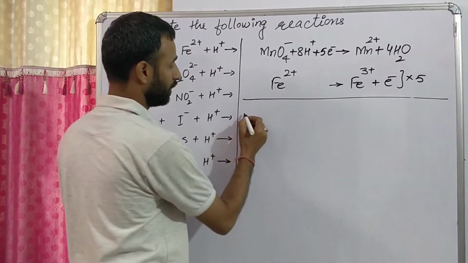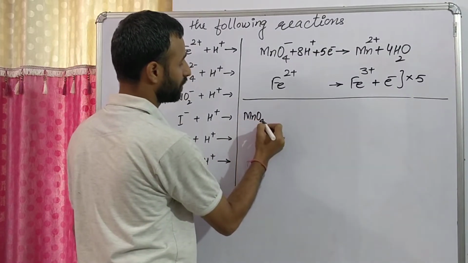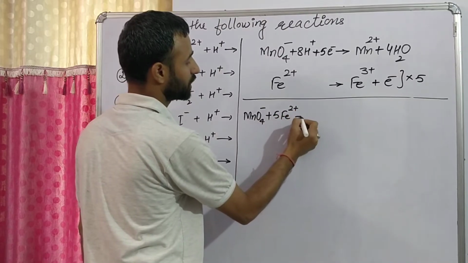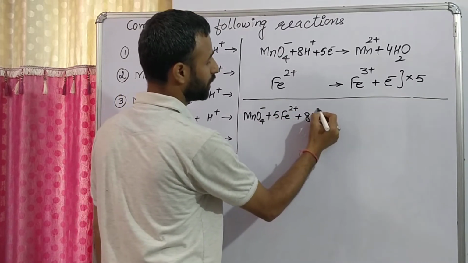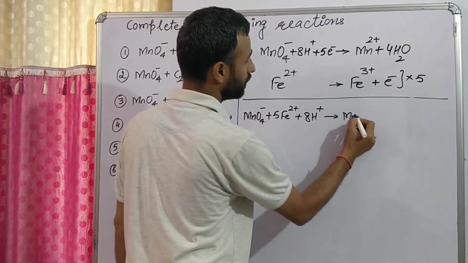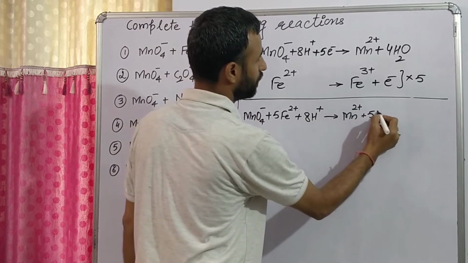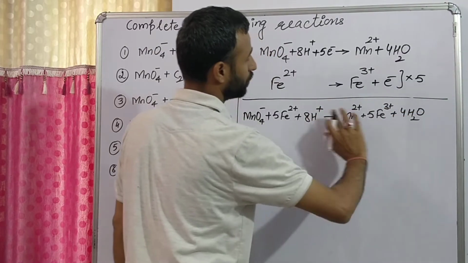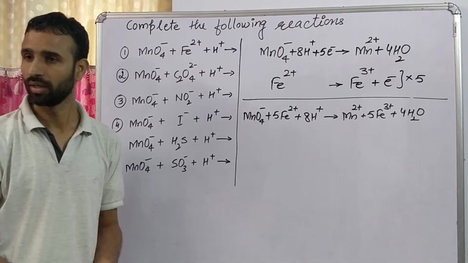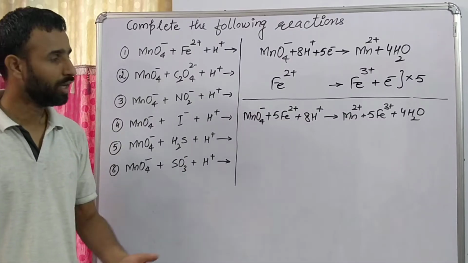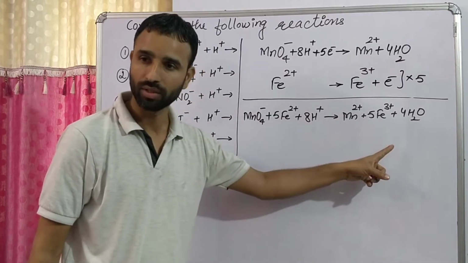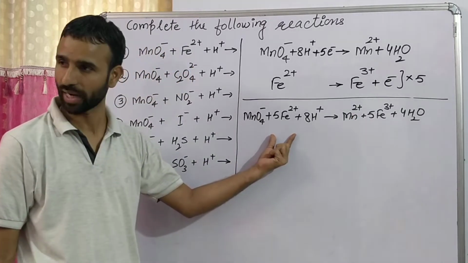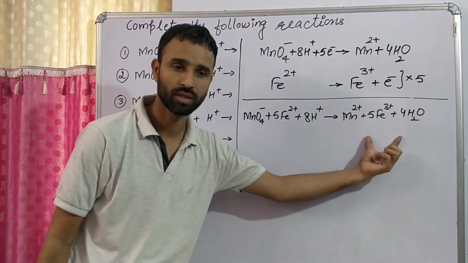So the balanced chemical equation is MnO4 negative plus 5 Fe2 plus plus 8 H plus gives Mn2 plus plus 5 Fe3 plus plus 4 H2O. This is the balanced chemical equation. To verify it, we check that the charge on the left side is equal to the charge on the right side.